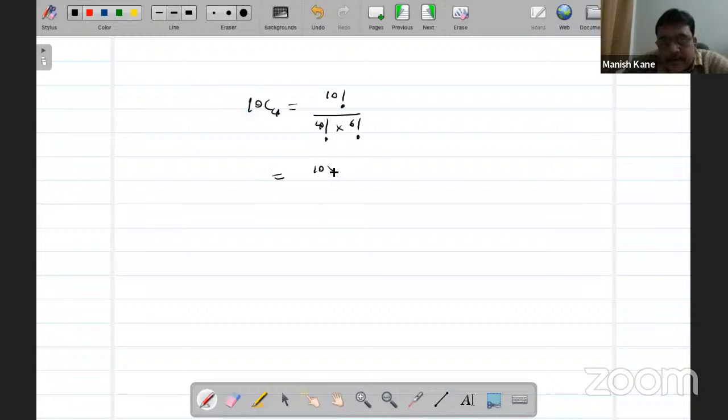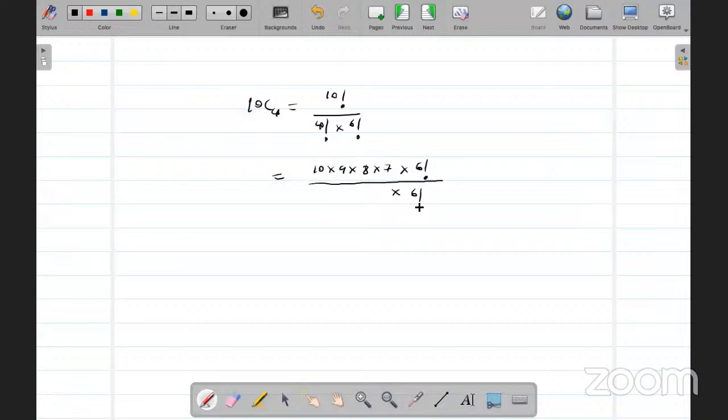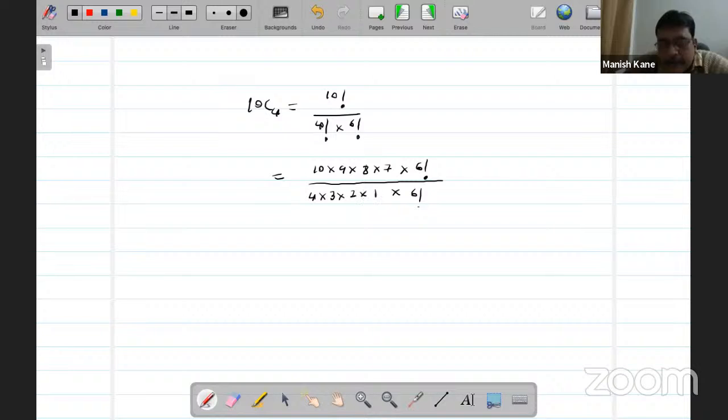So I can write this as 10 into 9 into 8 into 7 into 6, 5, 4, 3, 2, 1, which can be written as factorial 6, which cancels out with factorial 6 here. And factorial 4, I can write it down as 4 into 3 into 2 into 1. Factorial 6 cancels out. And what you get here is 8, 3 3s are 9, 3 7s are 21 into 10 gives you 210. Does that explain? Yes, sir.